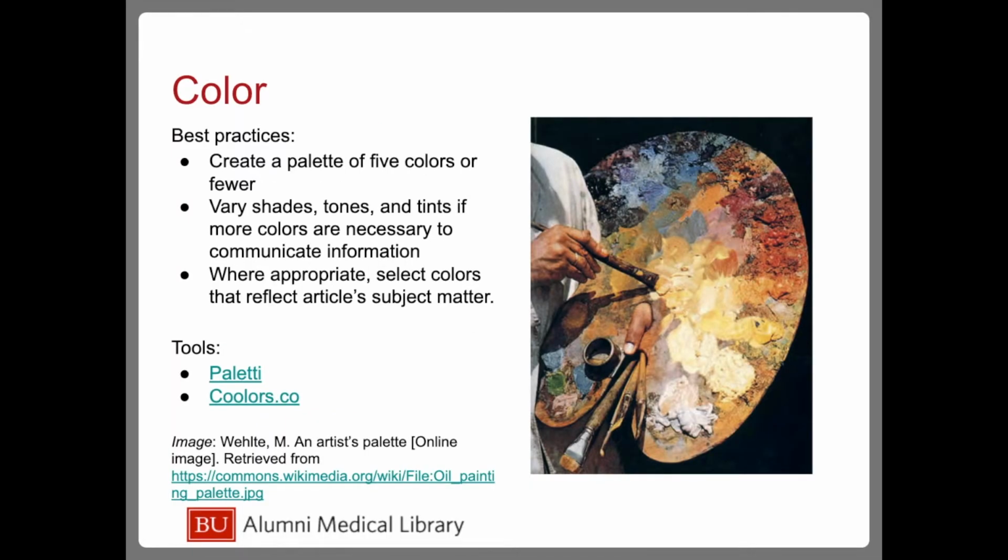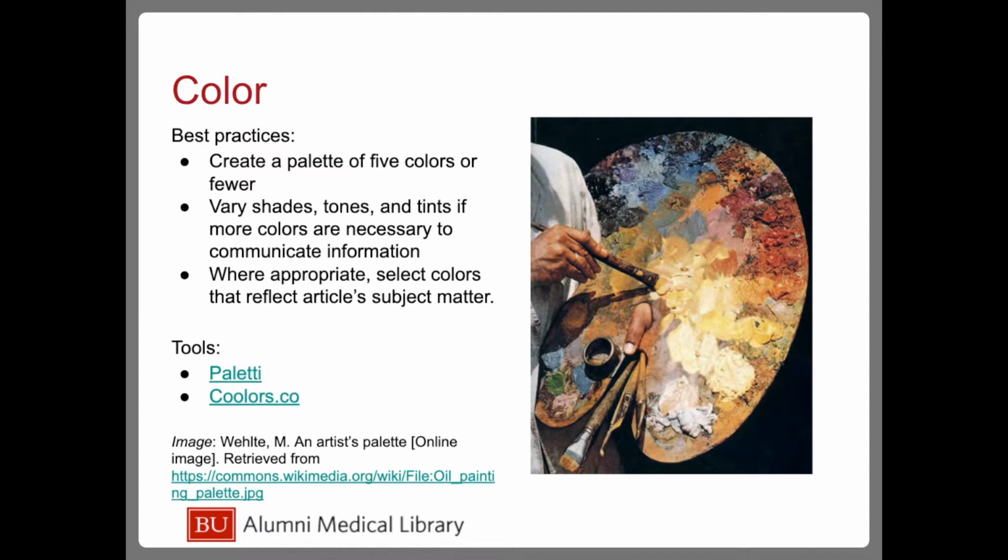So once we've got the basic setup of our Google Slide template in order, let's return to some of those design elements that we talked about earlier. Let's start with color and how we can best select the colors that we want to use in our visual abstract.